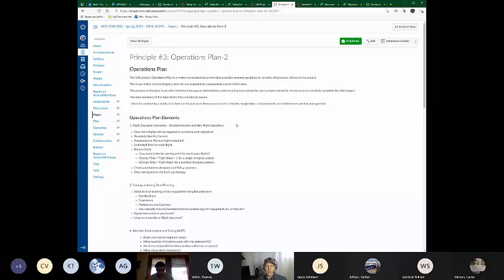So what you're doing for your UAS project is developing a UAS project plan. Now the operations plan is only part of the overall plan, right? To understand what's going to happen with the UAS project, we need all 4 components.